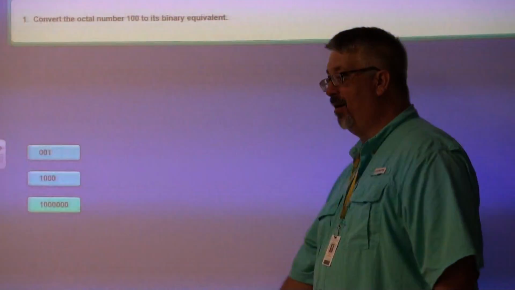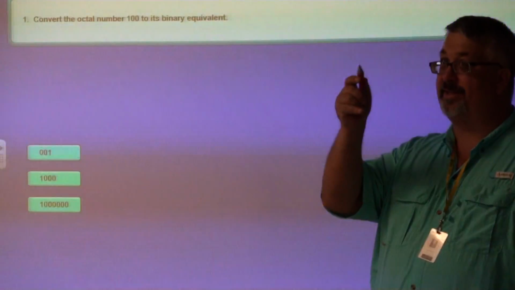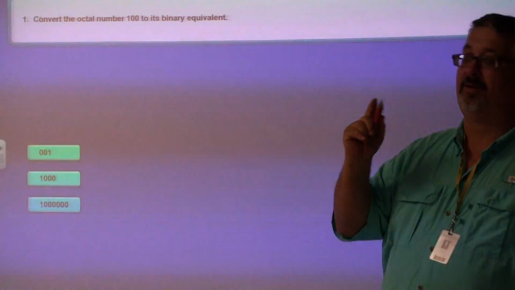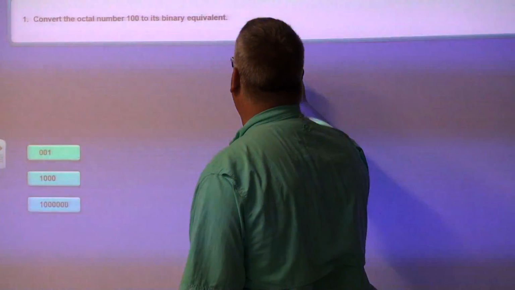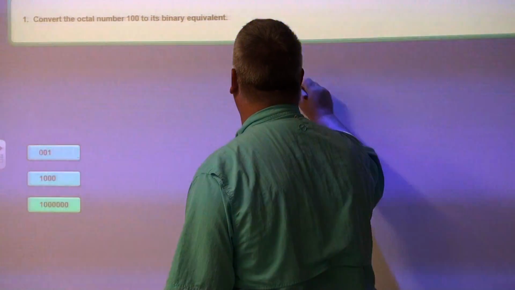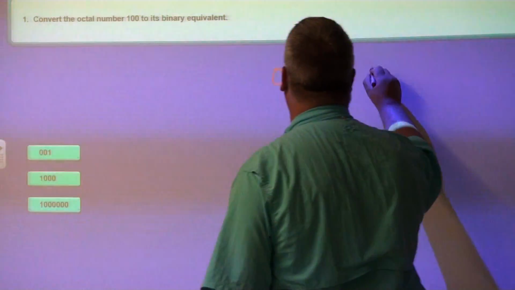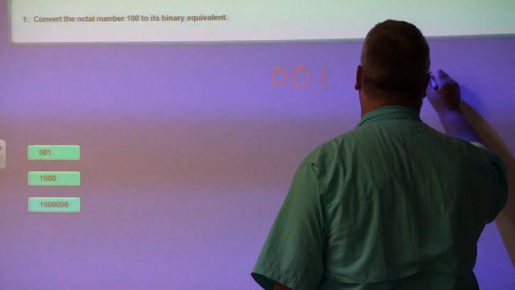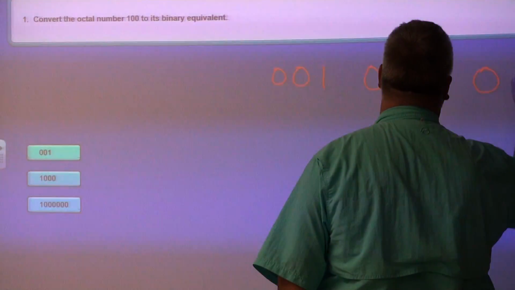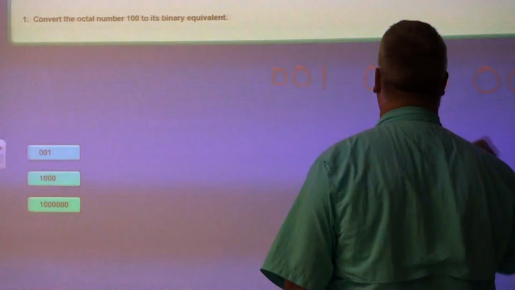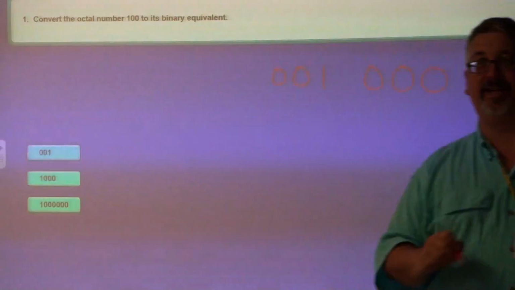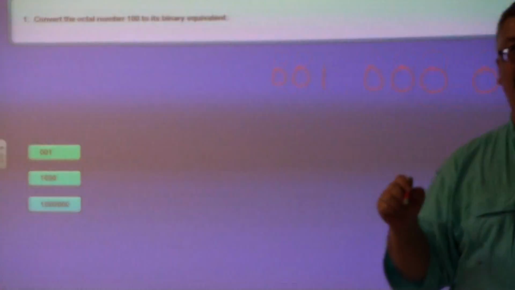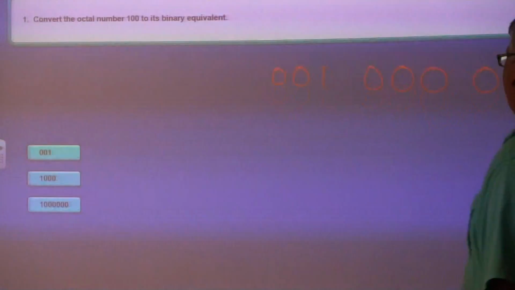Throwing you a little curveball because it's 100, but it's in octal. So 0, 0, 1, 0, 0, 0, 0, 0, 0. They tried to make your brain think it was a binary number, but it's not.